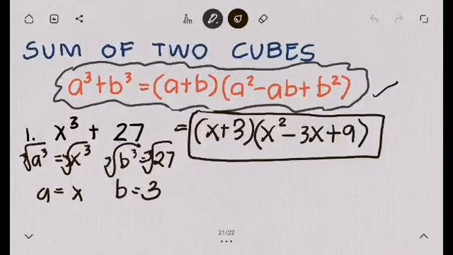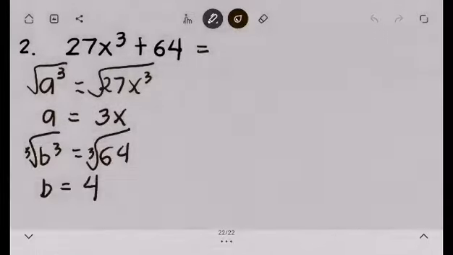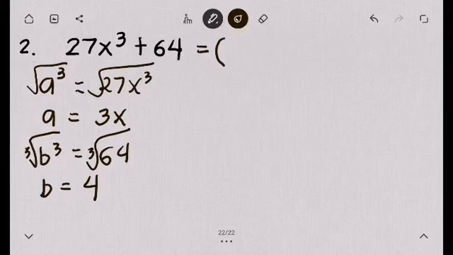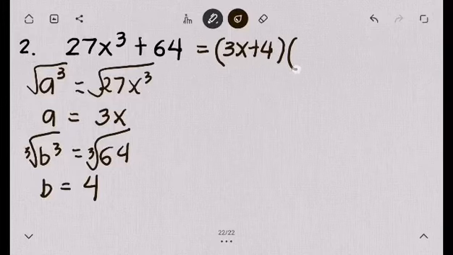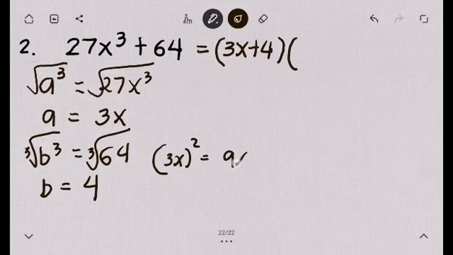So, balikan lang natin yung pattern. So, we have a plus b or 3x, value ng a plus b, which is 4, times the quantity of a square. So, ang a natin is 3x. So, kapag in-square natin, so we now have 9x squared. So, yun yung unang term.